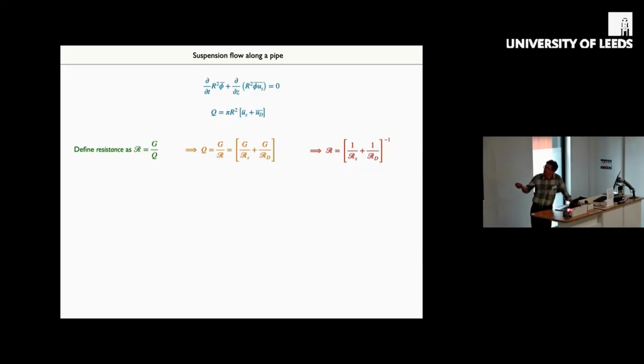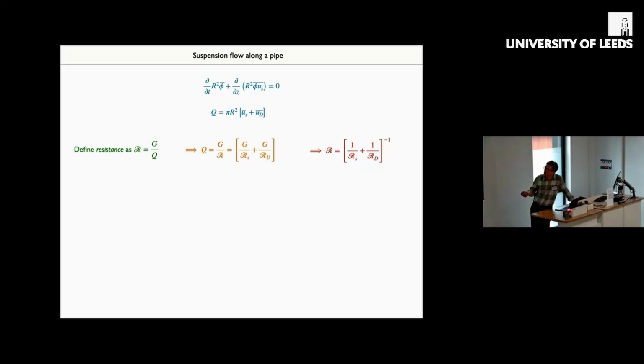And I've just written out here, imagine we're imposing a fixed total flux, then this Q would be some constant, and that would be made up of the average solid flux, or the average suspension flux, and the average Darcy flux combined. You don't have to think about it this way, but this expression for the flux can be a helpful way of getting your head around what we're going to see happening.